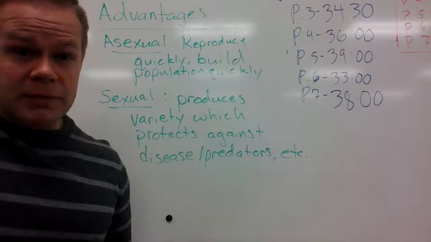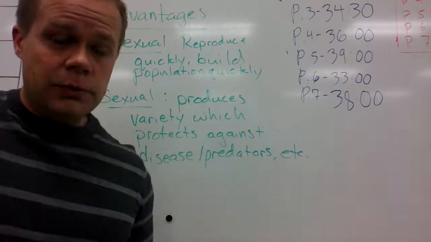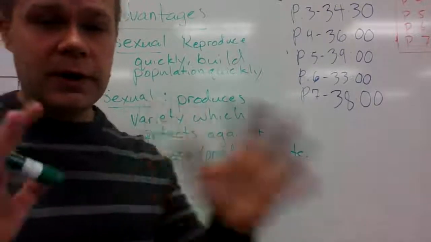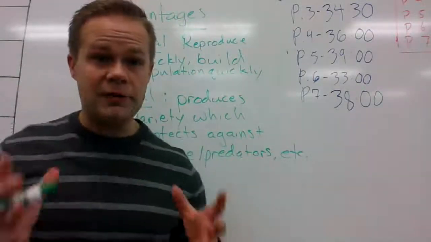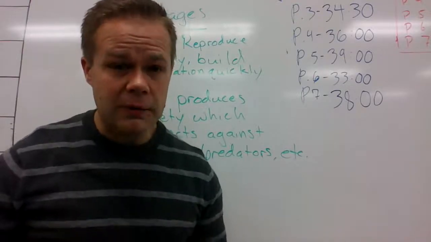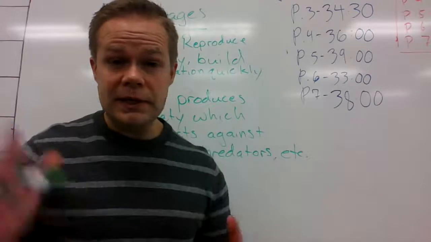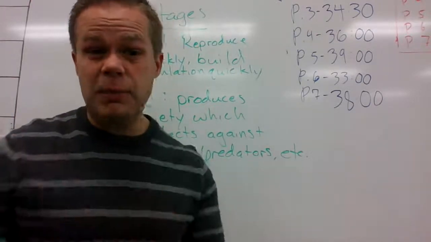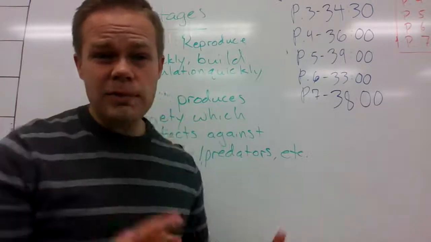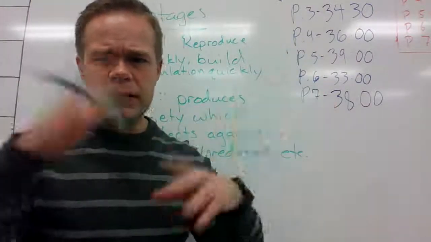But what we would do in the lab is, instead of Cheerios for the asexual group, for the sexual group we would have Fruit Loops. Now, Fruit Loops would have different colors, right? And you get a lot of different offspring with different colors in there, which is a lot of variety. Now, all that variety means that if a disease comes in and attacks them, it maybe only wipes out the purple ones. The other ones are immune to that disease because there's all this variety, because you've mixed and matched all this DNA.